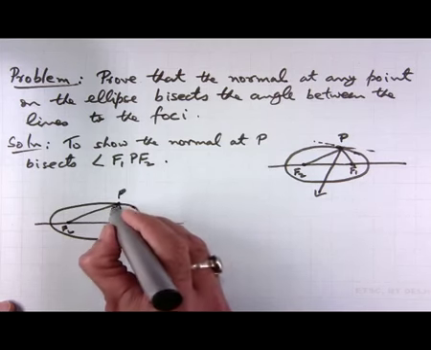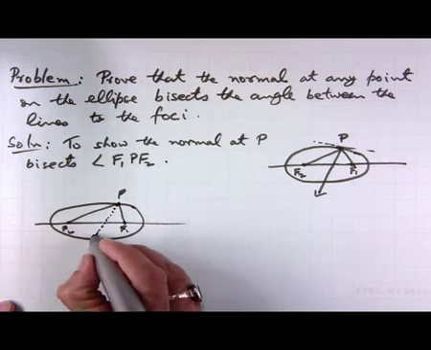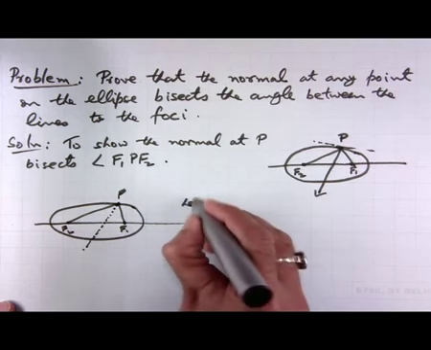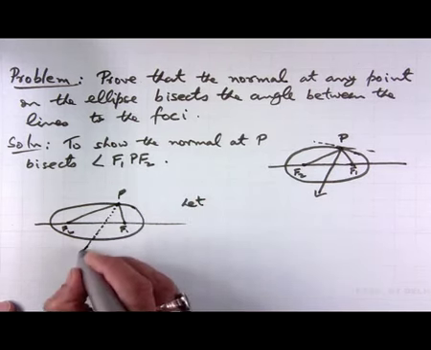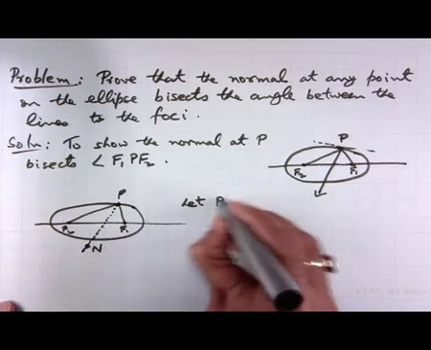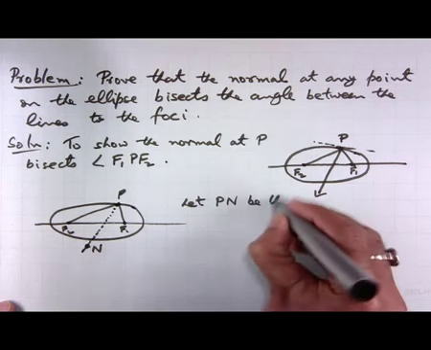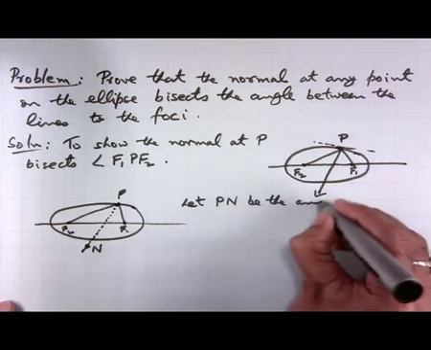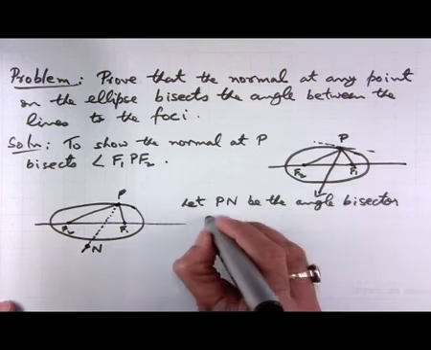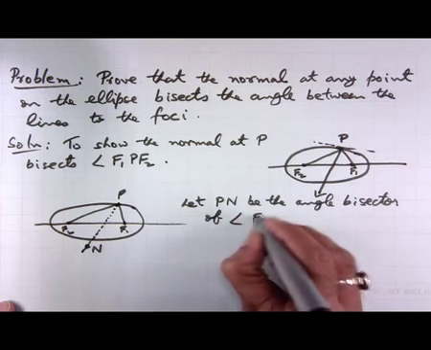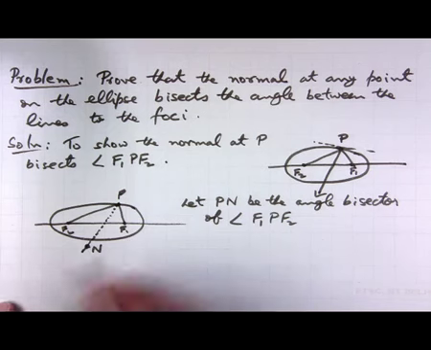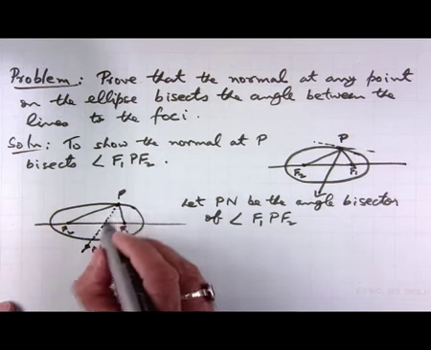Let us look at the angle bisector of this. So, let P N be the angle bisector of angle F1 P F2. And what we have to show is that this is the normal.